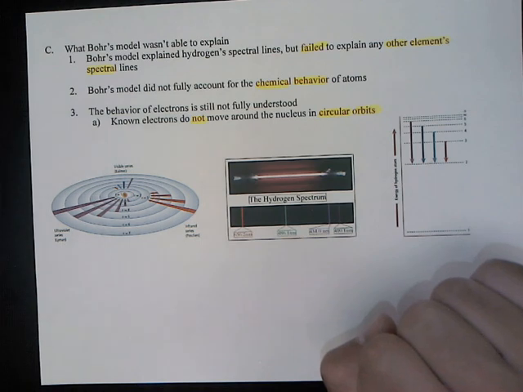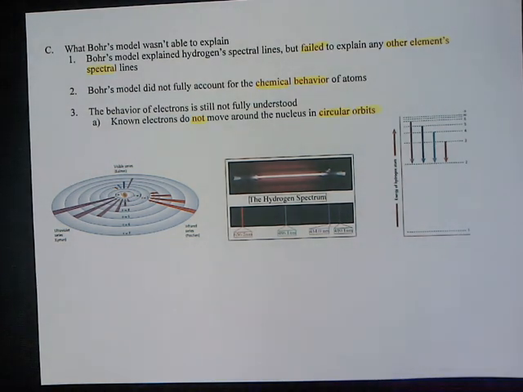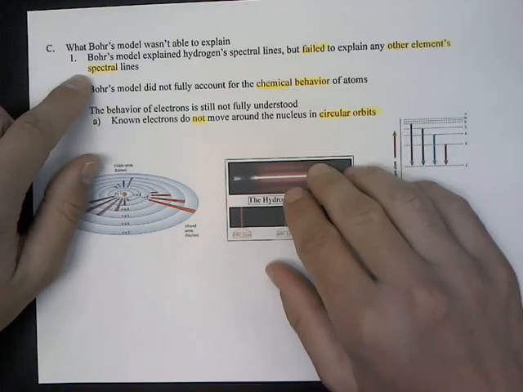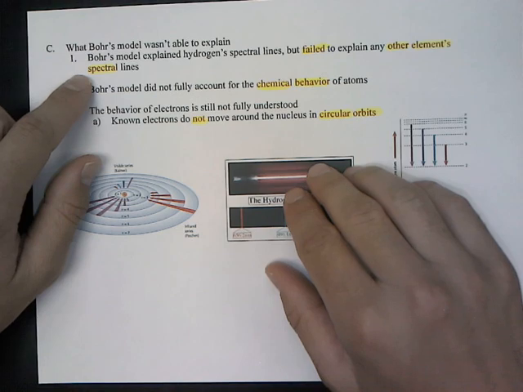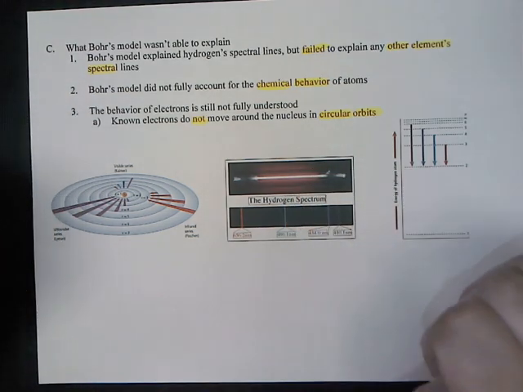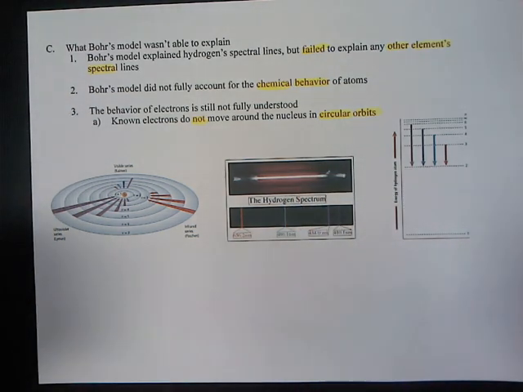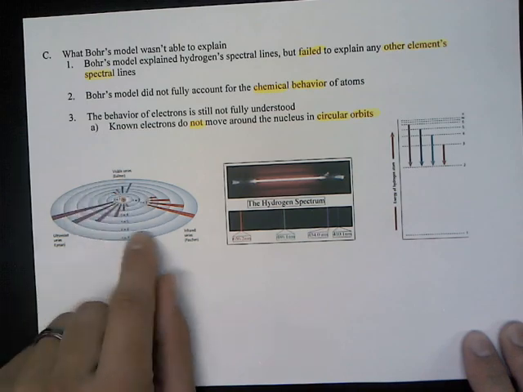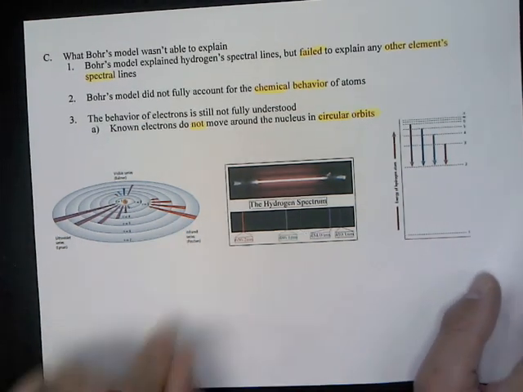They tried it for lithium, same thing, it didn't work. Beryllium, same thing, didn't work. They went through as many as they could, and they couldn't apply what Bohr learned with hydrogen. So we need one more model where the electrons can't be in these perfect circular orbits, and that's where we get the quantum mechanical model.